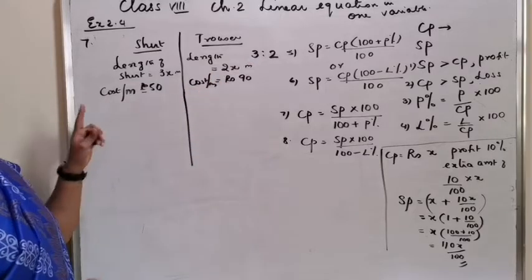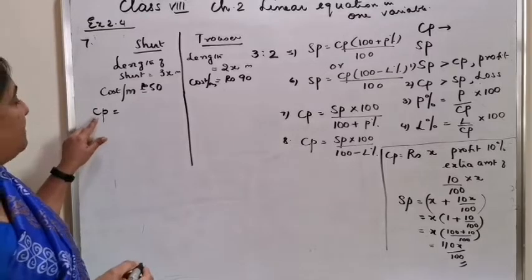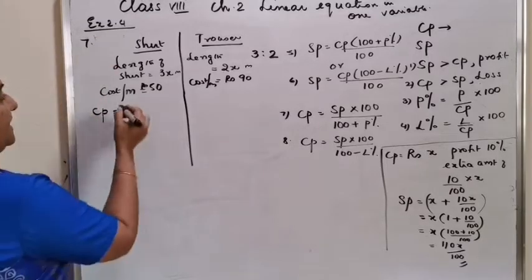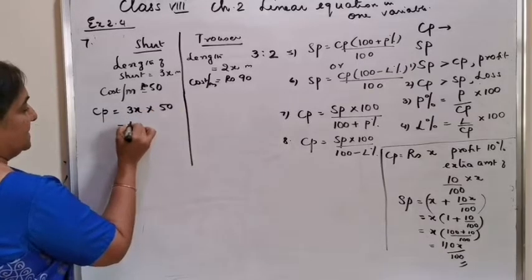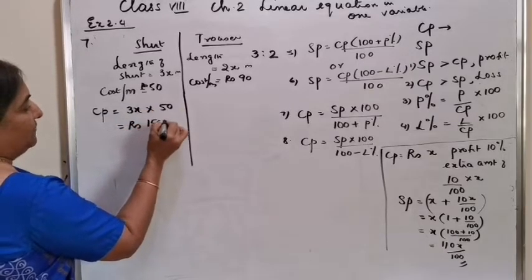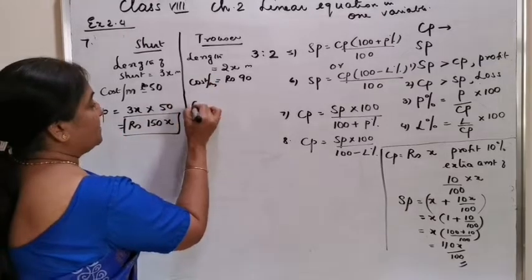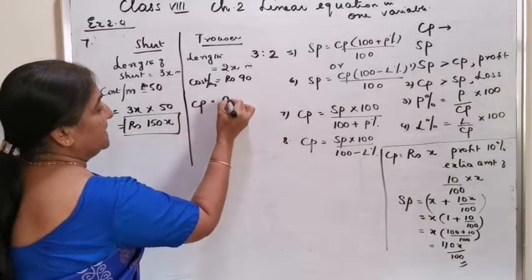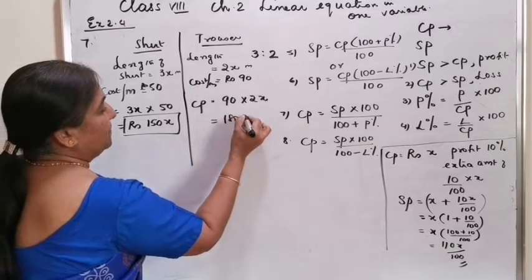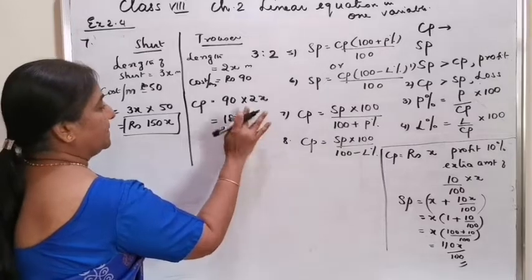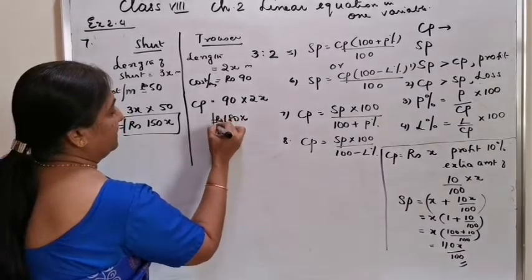Now what will be the cost price? That means the dealer must have bought this material for 3x into 50, that is rupees 150x. The cost price for the trouser material is 90 into 2x, which is equal to 180x rupees.